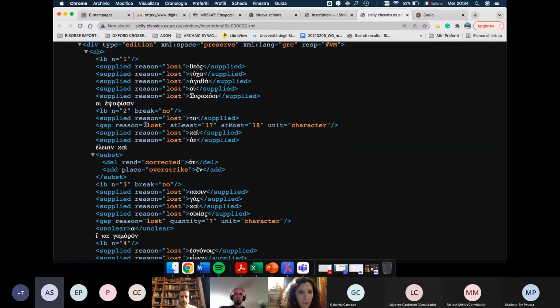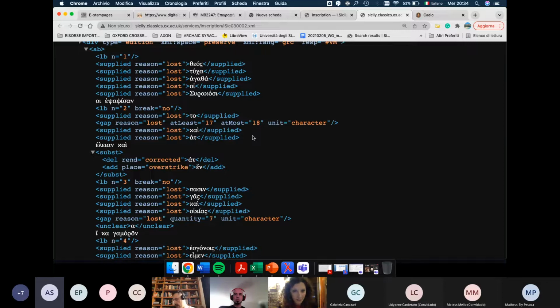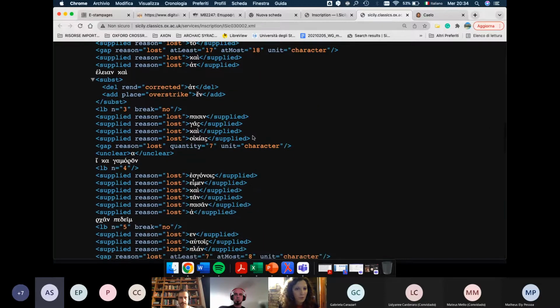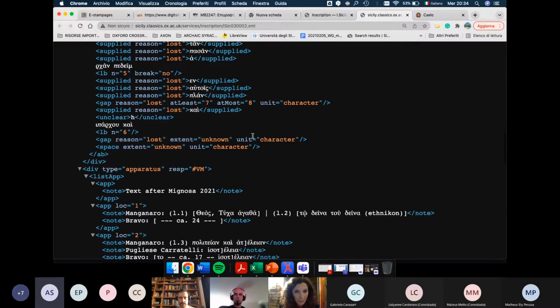Or here, for example, I can mark that after to, looking at the description, we have a lacuna of at least 17 characters, or at most 18. So from the space, measuring it, I can say that we have this lacuna. You can be less granular, less specific, of course, if you cannot say how many characters you have, but I'm just showing the different possibilities.